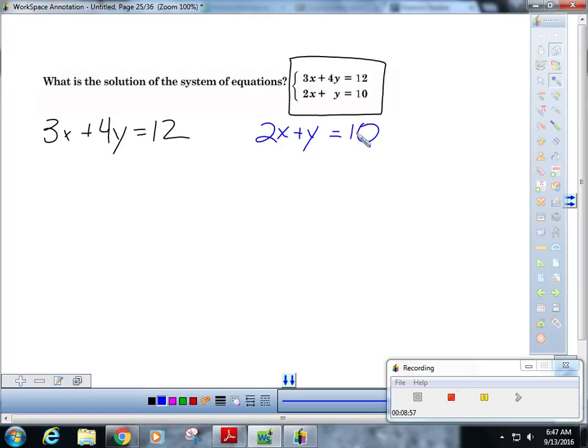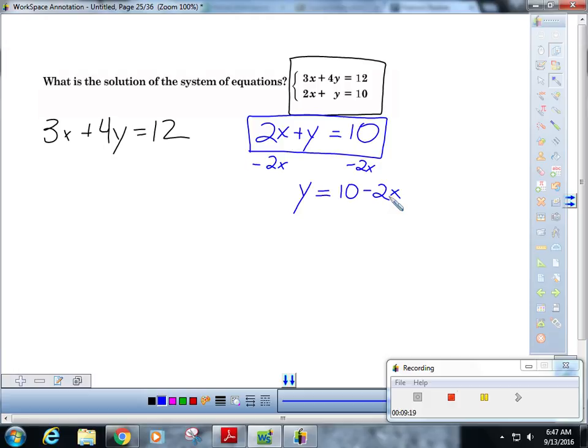We're going to use a different strategy here. Notice, it is easy to solve this equation for y. Okay? So if I subtract 2x from both sides, now I have y equals, we'll call it 10 minus 2x. Maybe you called that negative 2x plus 10, and that would be totally fine.